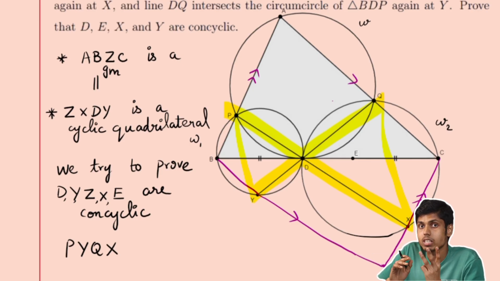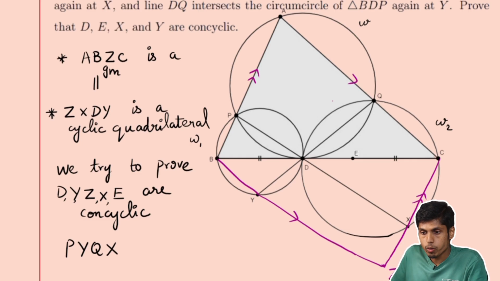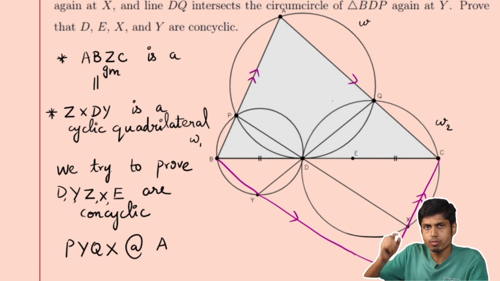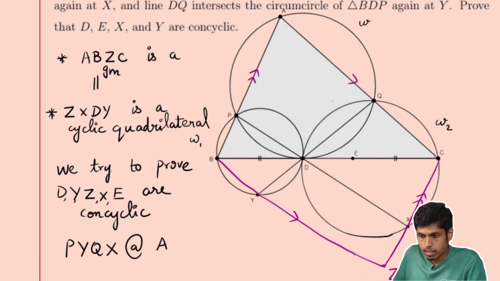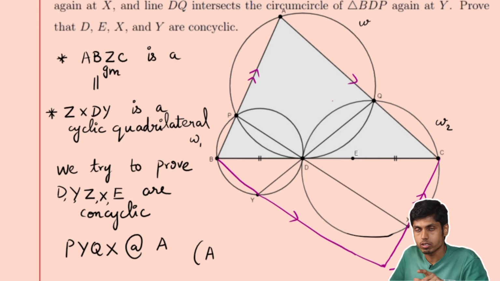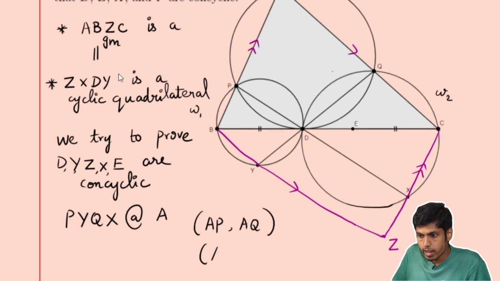We have three pairs of involution defined. So let's write them down. For PYQX, let's take the perspective from point A, a random point on the plane. Then the lines joining opposite points from A form a pair. So AP, AQ is one pair, and then AY, AX is another pair.